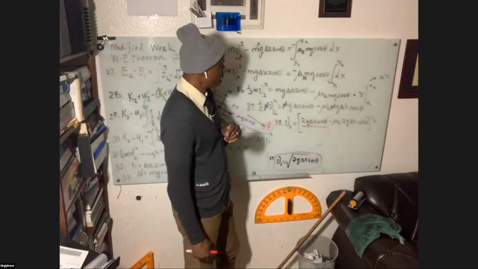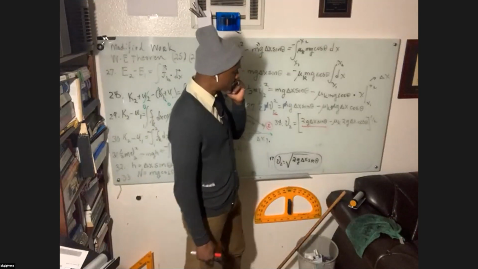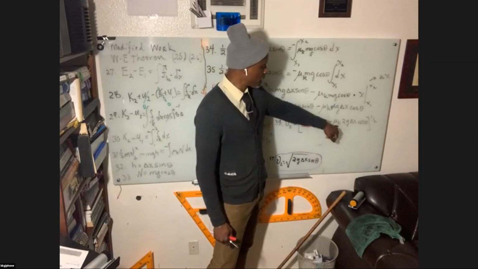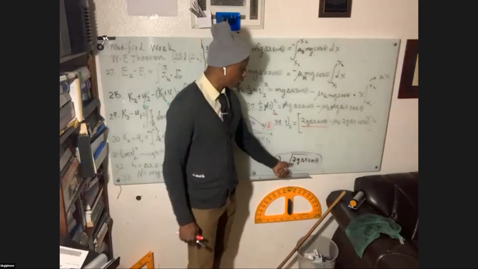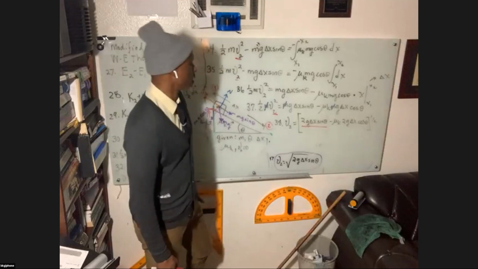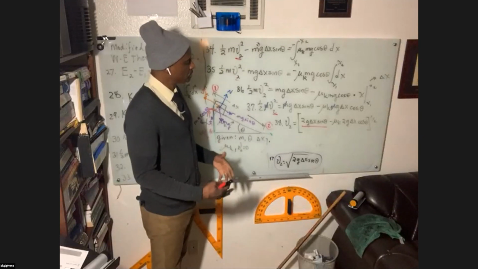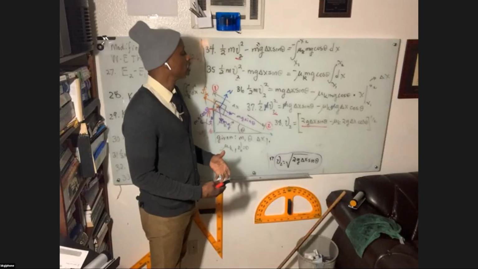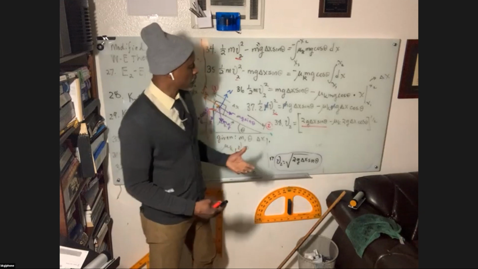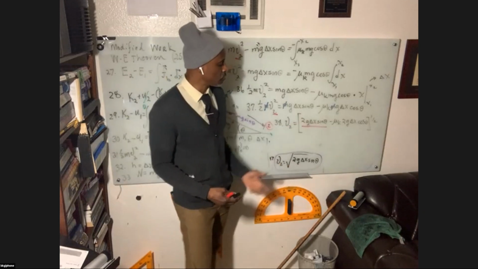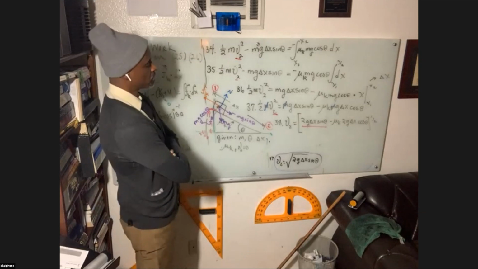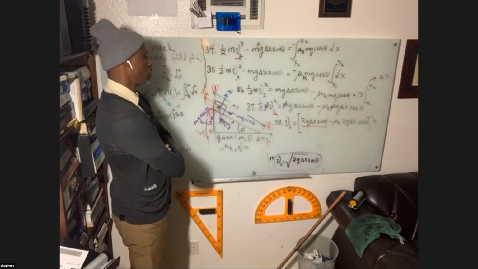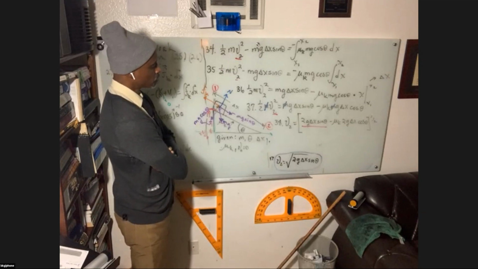It also makes sense that when there is no friction, when mu k goes to 0, that whole term goes to 0, and I get back the solution I started with in the beginning. That shows a symmetry of solutions: the original solution is embedded in the new solution, and it reduces to it when the frictional force goes to 0.